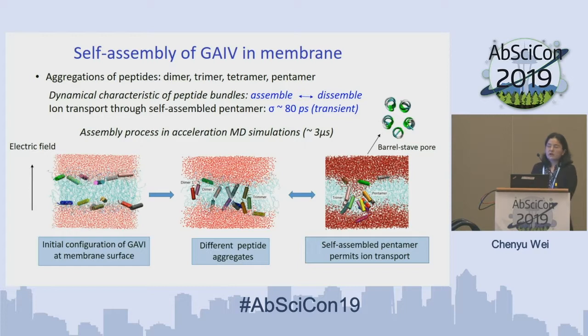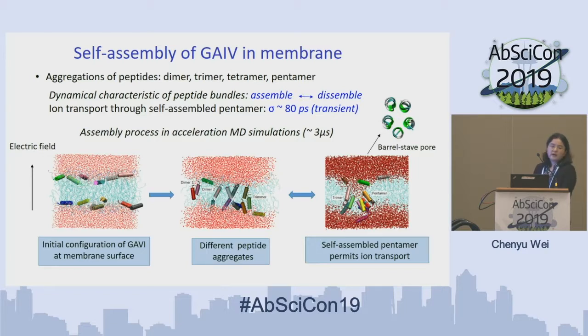With even longer simulation, we found a pentamer structure, in the snapshot from our simulation on the far right side. This pentamer structure actually is well defined. If I check the cross-section of this pentamer structure, as shown on the top, it behaves as a barrel-stave model. It has glycine, which is a slightly hydrophilic residue, facing the lumen of the oligomer structure, and there is a water pore going through the oligomer.